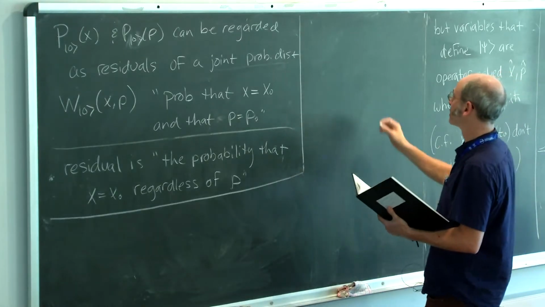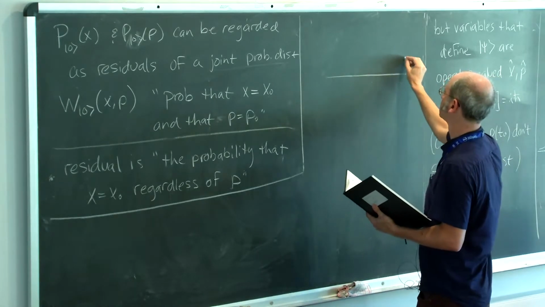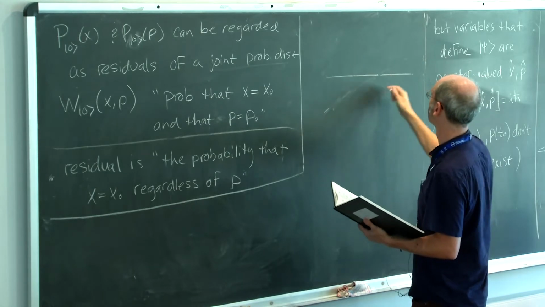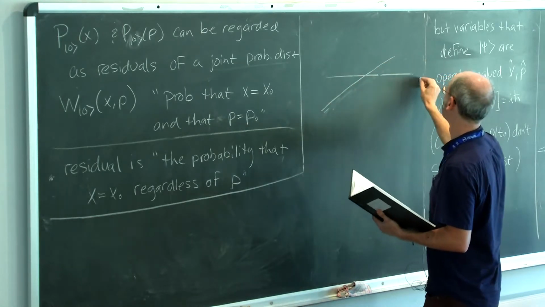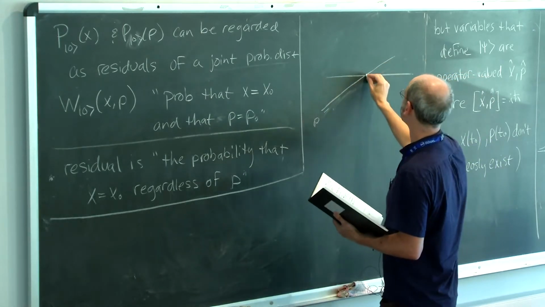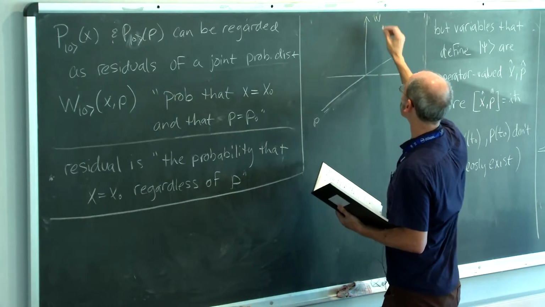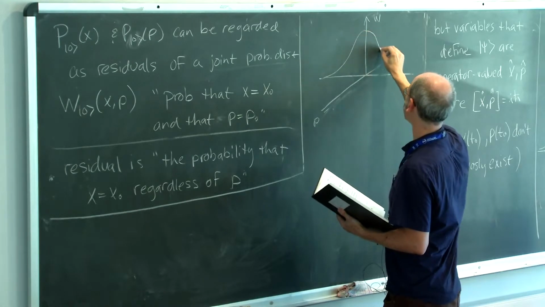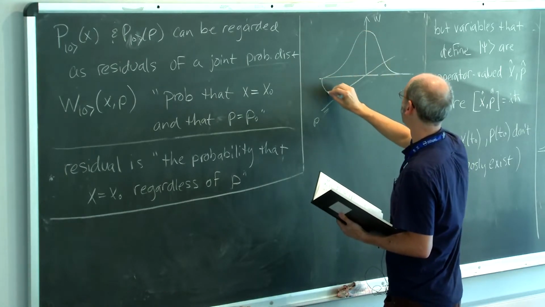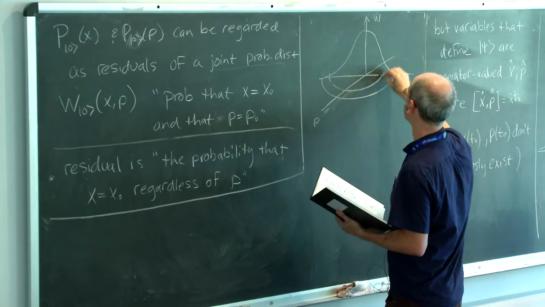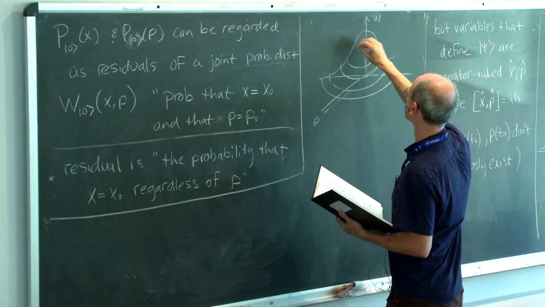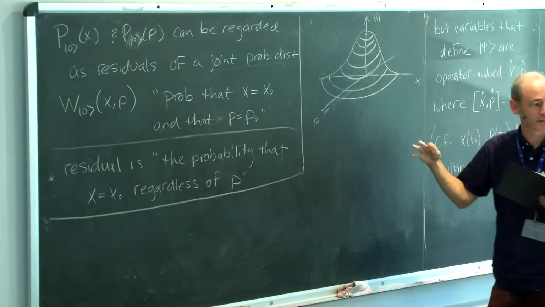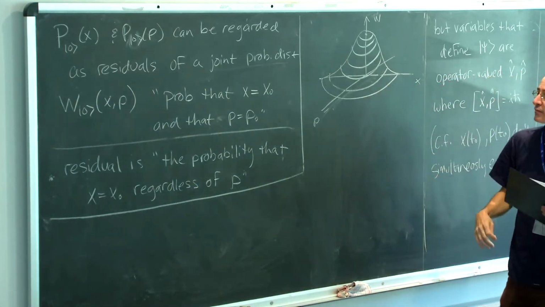What these words mean is that as a function of x and p, for each value, there's a quantity w that has a certain value, and I'm just going to draw what it is here, and we'll argue that gives us the right value. So it is just a two-dimensional Gaussian.